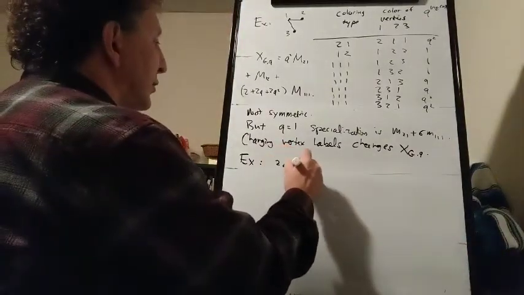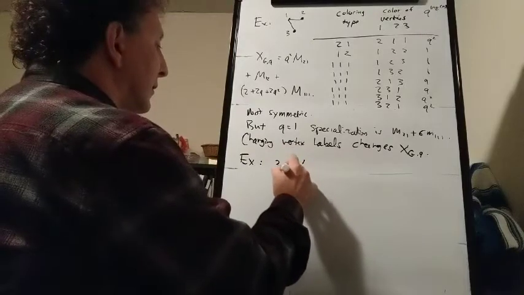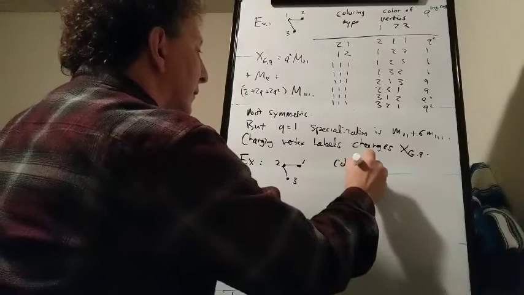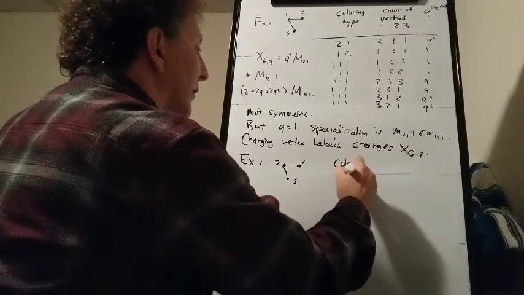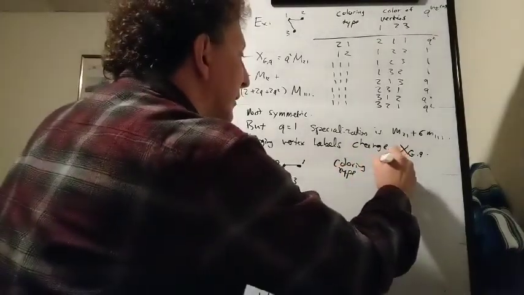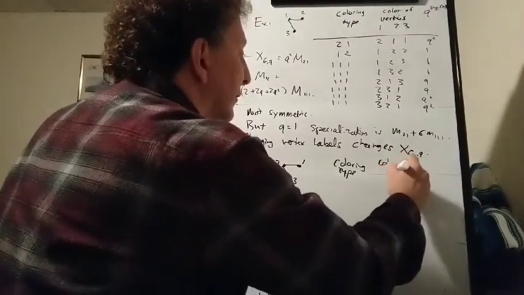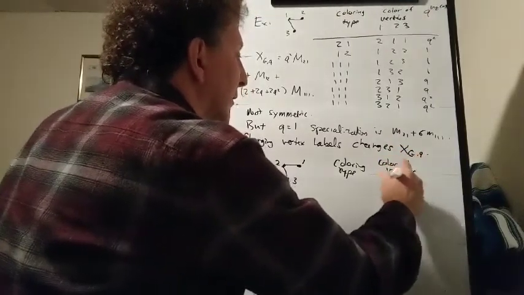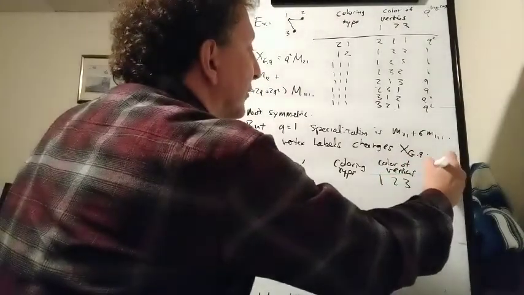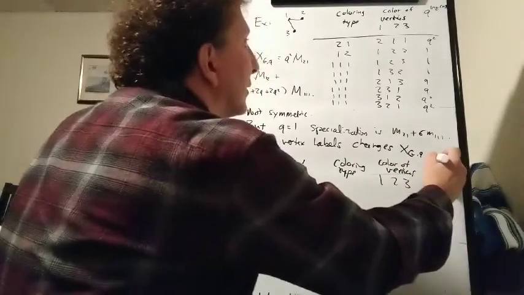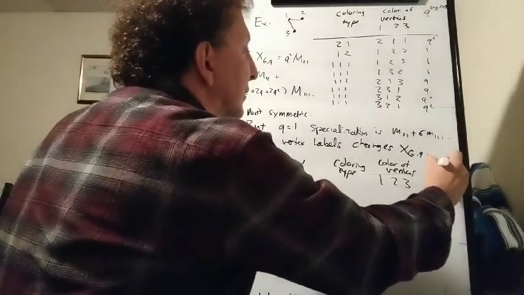Let's switch 2 and 1, and record the coloring type and color of the vertices and the contribution to the quasi-symmetric function.